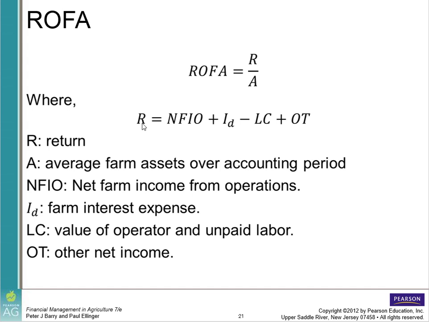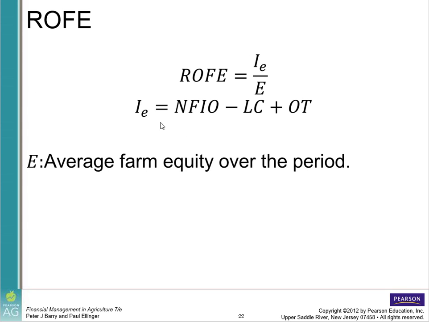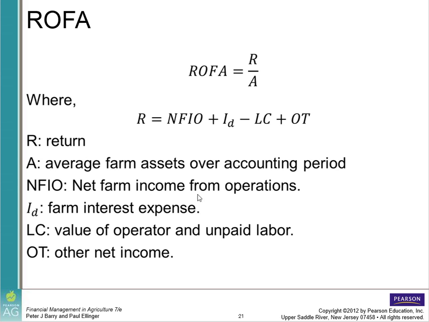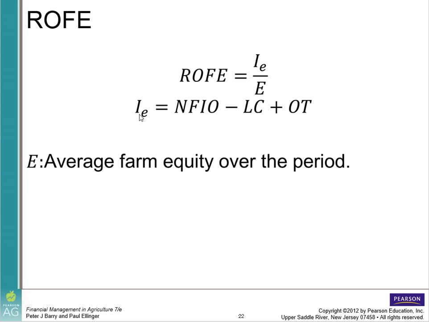So what's the difference between R and IE? The difference simply is that we do not have the farm interest expense in the IE. And capital E is, of course, average farm equity over the period.